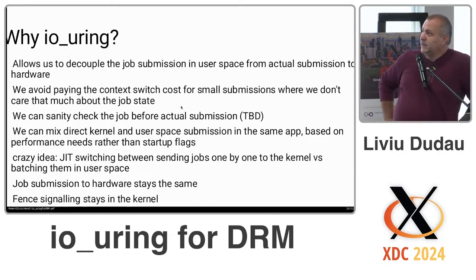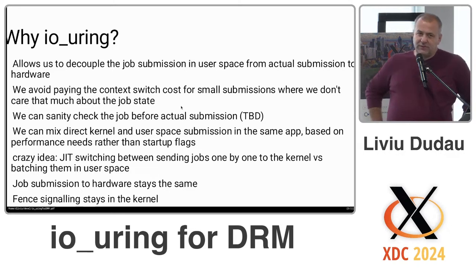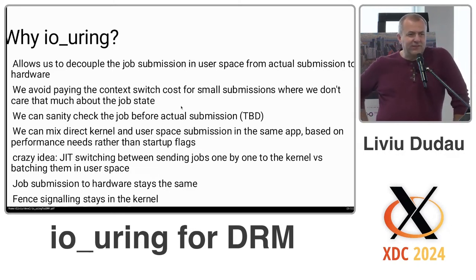Why io_uring? Again, I kind of explained a bit. Hopefully less context switch costs. I have this crazy idea that you could actually do a just-in-time optimization of your job submission. If you have a hot path, you can switch to using io_uring and submit your jobs.